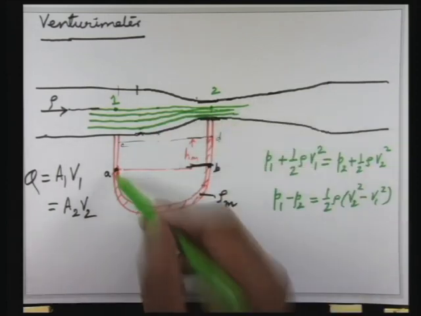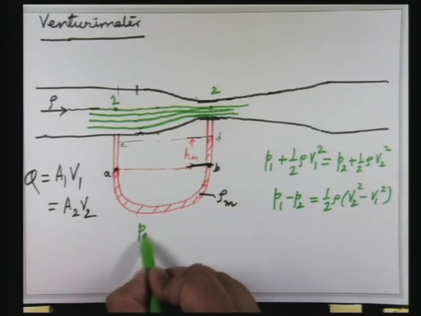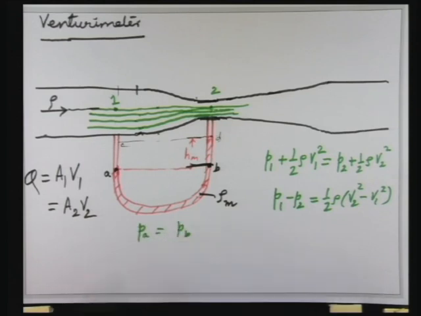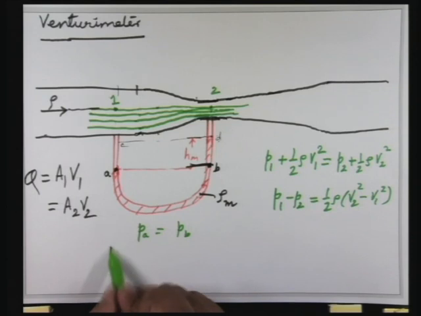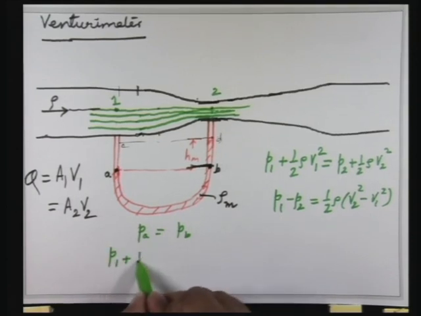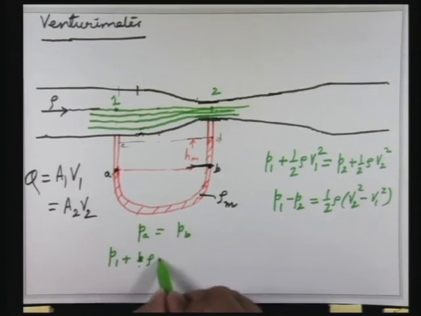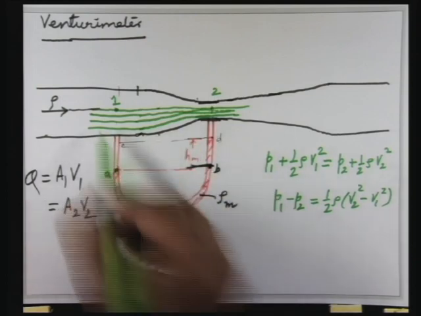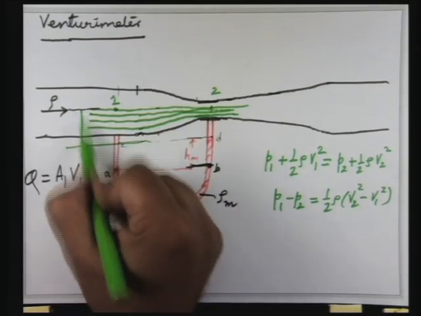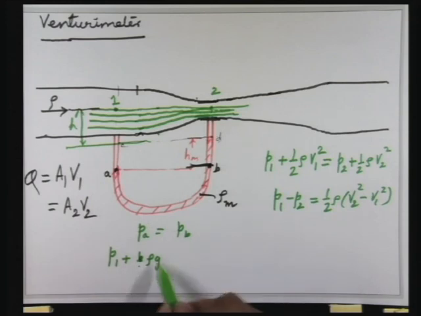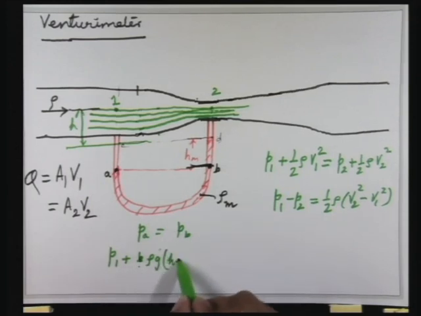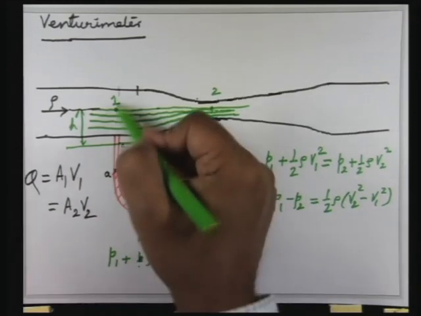So you can say that you start with PA equal to PB, and PA you can write as P1 plus rho g h, if I say this height is h, plus rho g H_M, the total height.